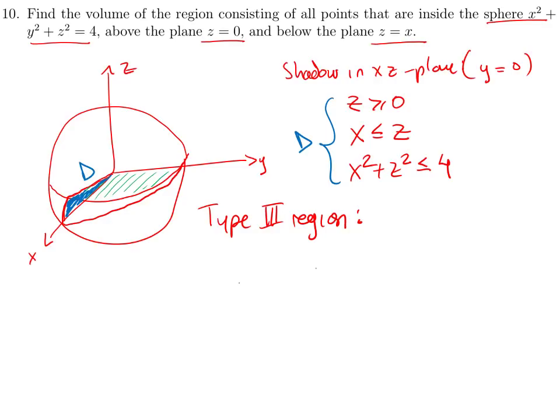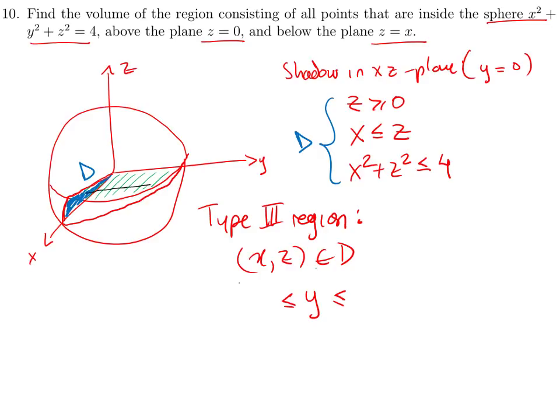So what are those functions? So the question you have to ask yourself now is that if I'm at some particular point in D, so I fix some value of x and z, what's the range of y that I encounter? And the answer to this is given by looking at the equation of the sphere. So we know that x and z lie in this region D, and y lies between the two boundaries of the sphere that you get when you draw a straight line through that point.